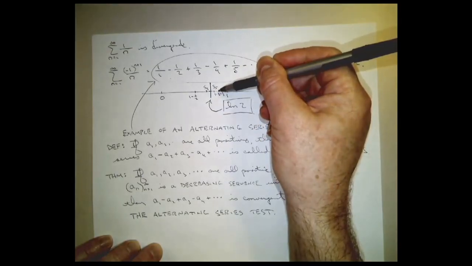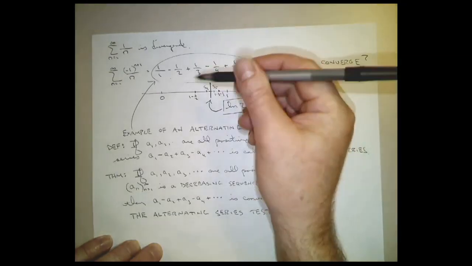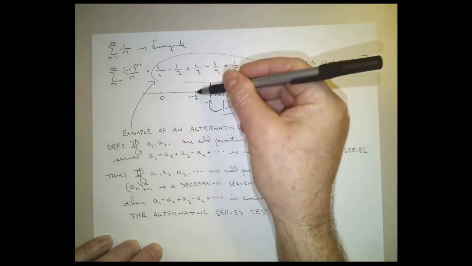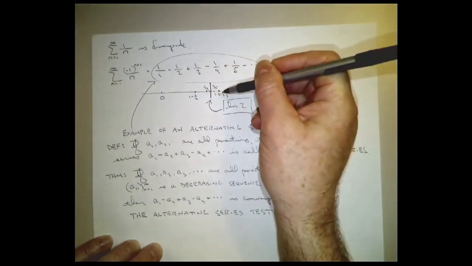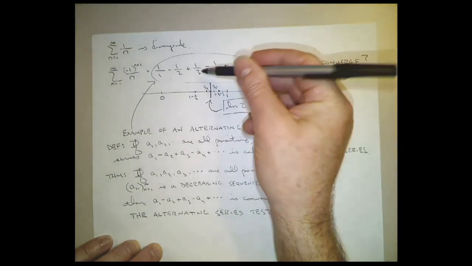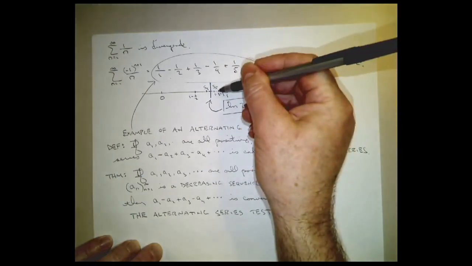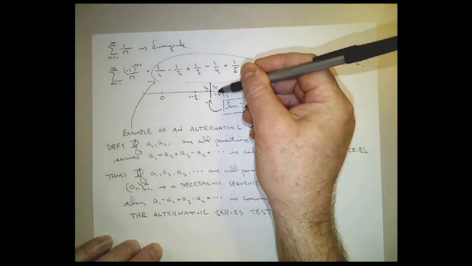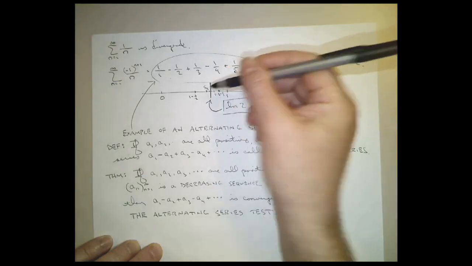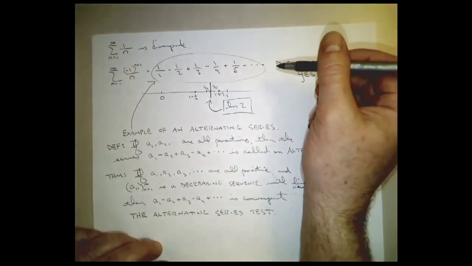And what's important here is that a fourth is the fourth term of the series. So the second partial sum approximates the series to within the third term, 1/3. The third partial sum approximates the sum of the series to within the value of the fourth term, and so on.